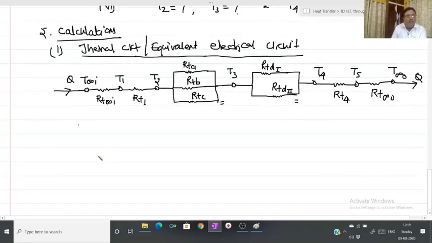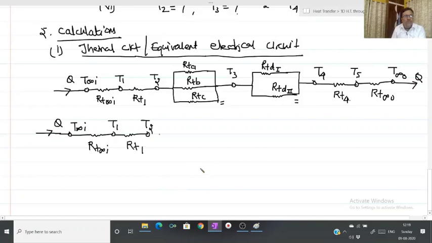Now we can draw one more equivalent electrical circuit. So Q, T infinity I, T1, RT infinity I, then T1, T2, RT1.